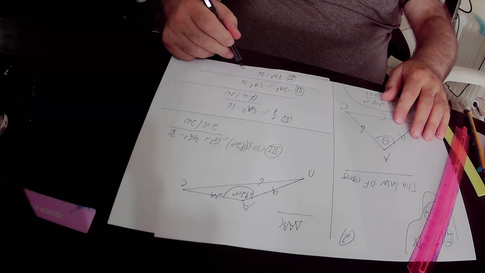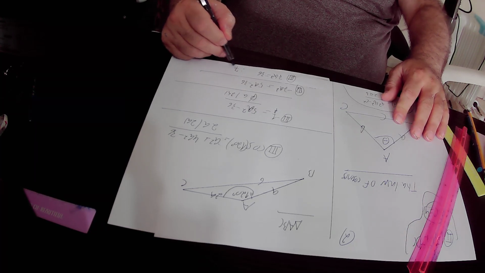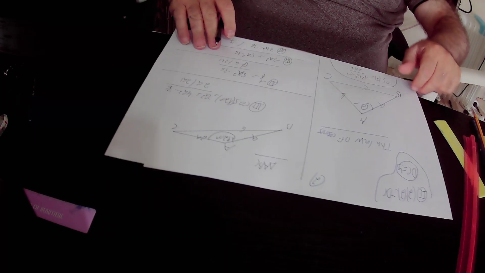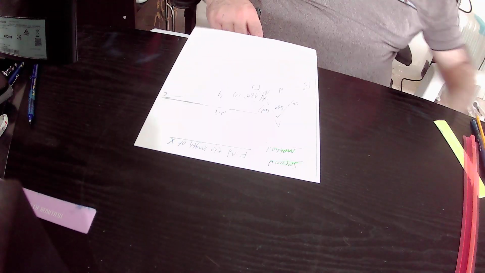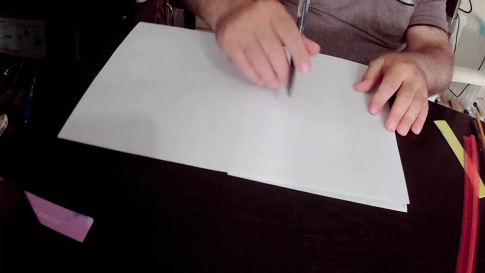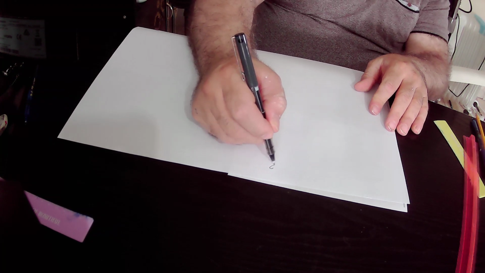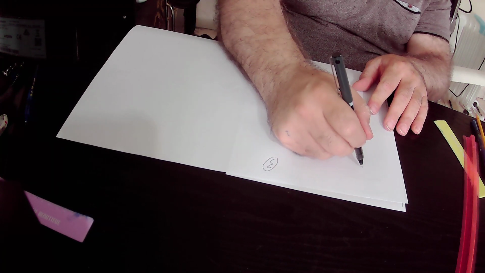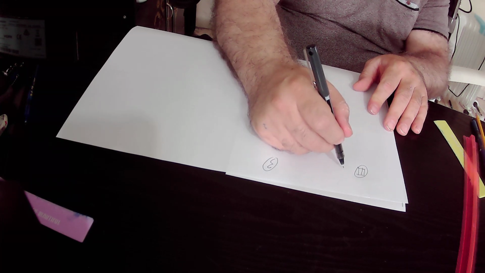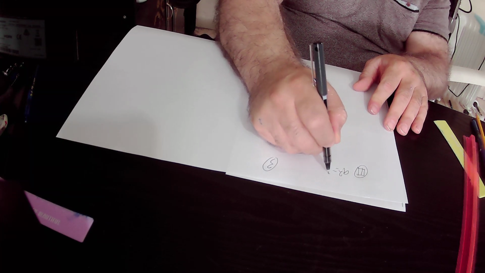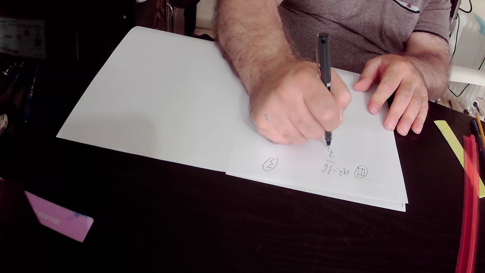We divide equation number 3 by 7, and we get that according to equation number 3, a squared equals 36 over 7.